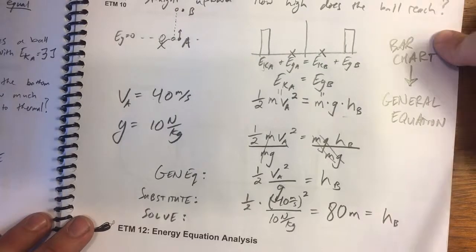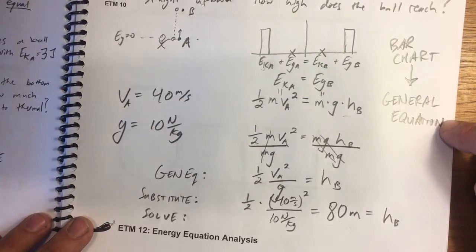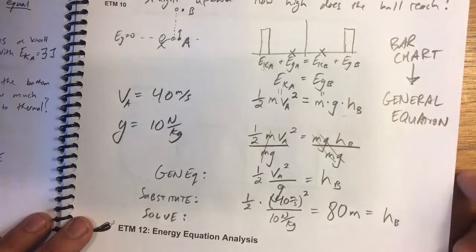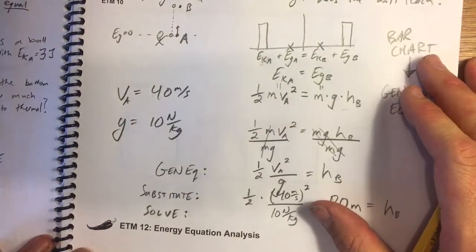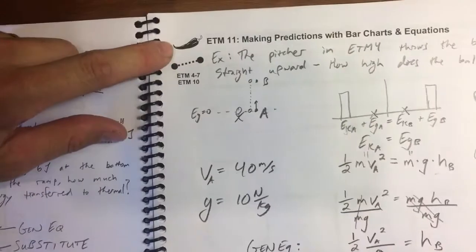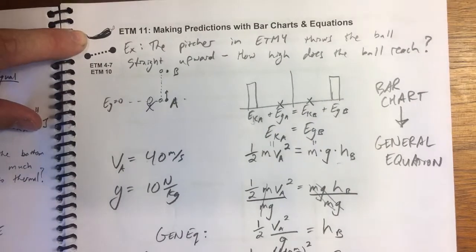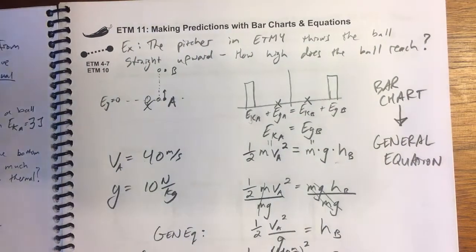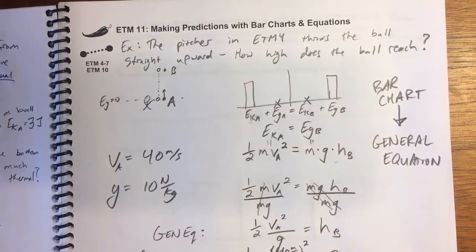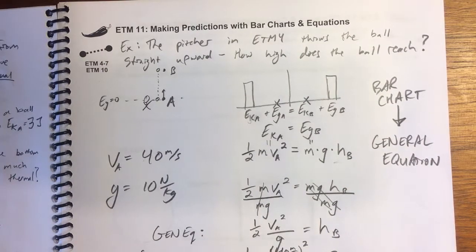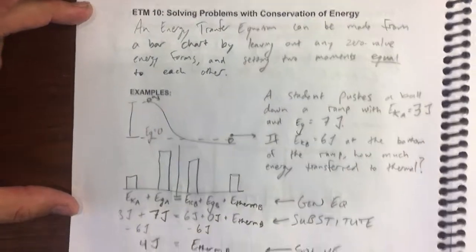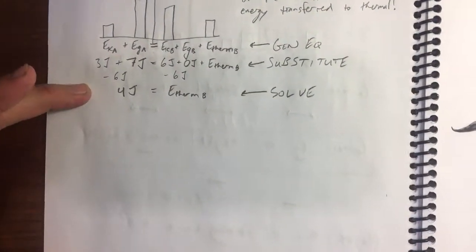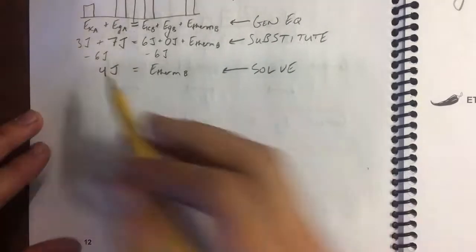Starting with a bar chart and then making a general equation out of it, moving some things around and then substituting is a big idea. It's difficult, it's a little spicy, but you can handle it. My suggestion would be, in order to practice this, in order to see how this might work, I would recommend using this space, this big space below here, to do another example.